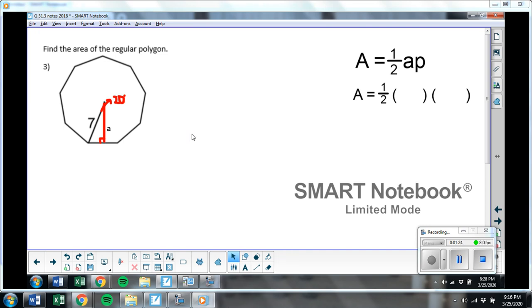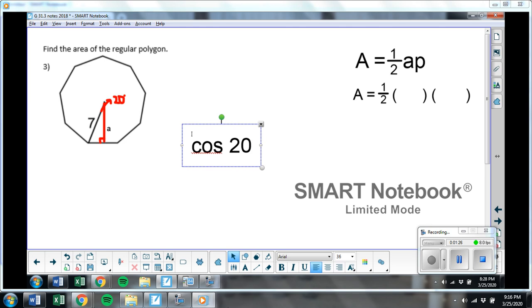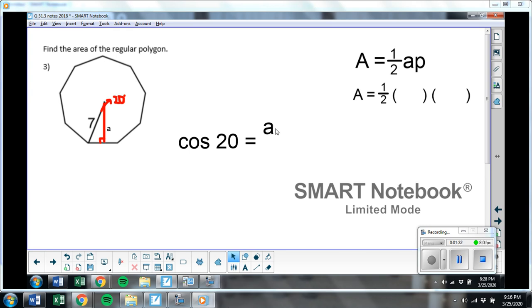All right, let's use SOHCAHTOA as we did in the last two. I picked cosine because I have the adjacent and the hypotenuse. Adjacent first over hypotenuse.